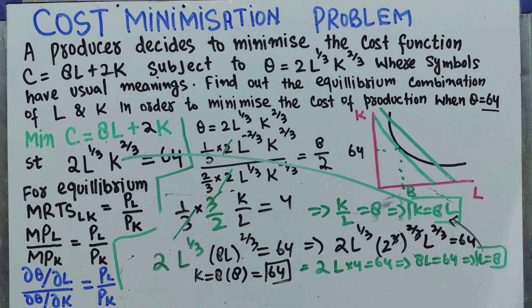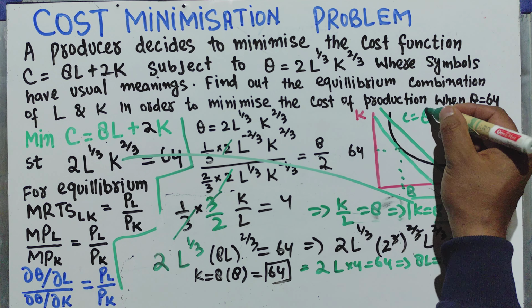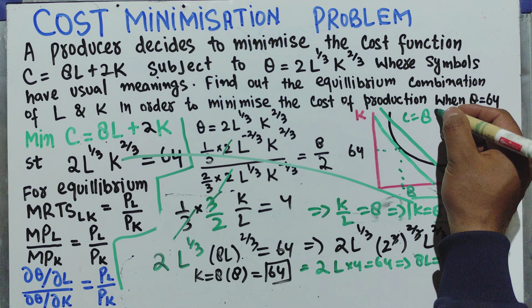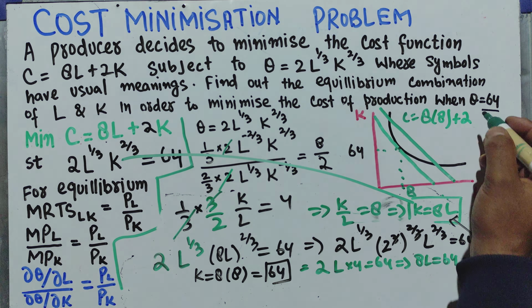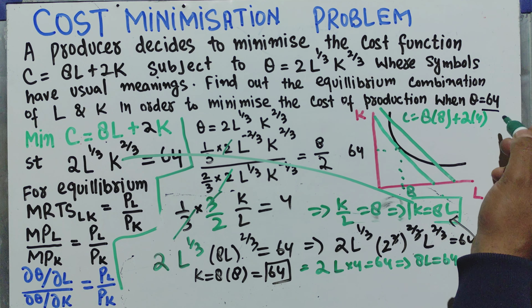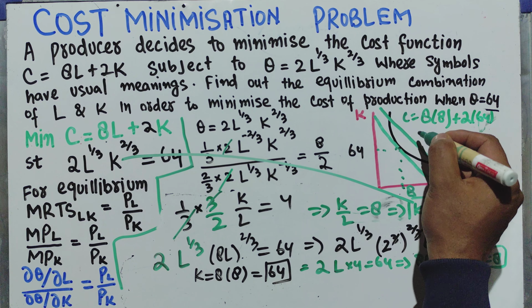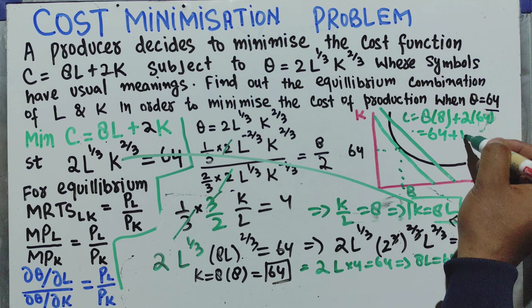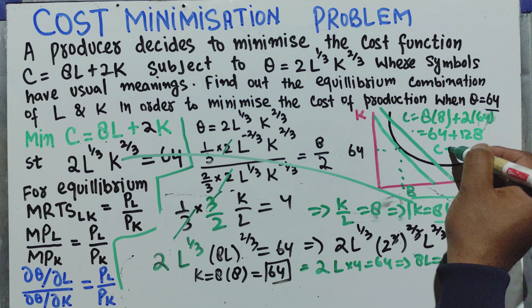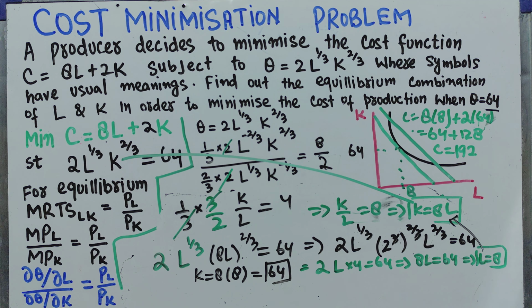And we can also find out the minimum cost, that is cost will be equal to 8 times the value of L, which is 8, plus 2 times k, the units of k is 64. So it is equal to 8 times 8 are 64 plus 128. So we get 192 as the cost.